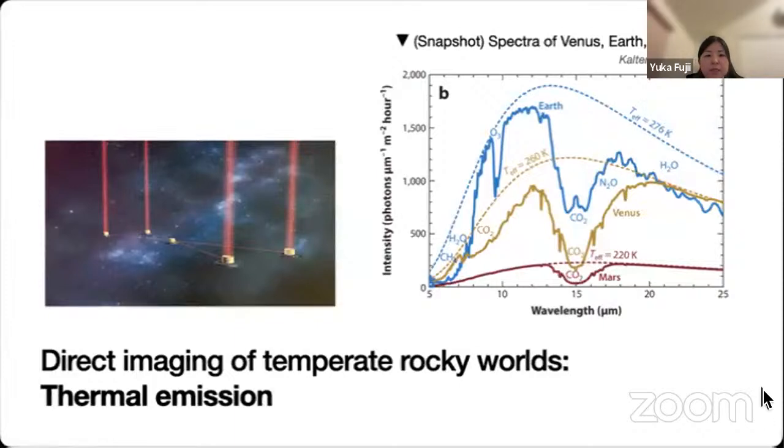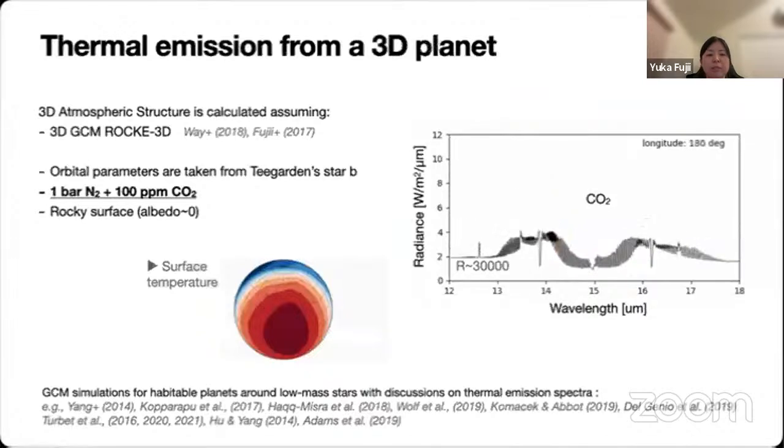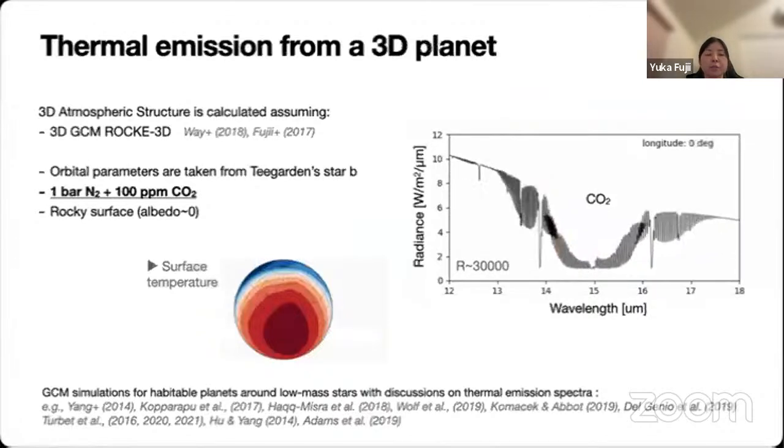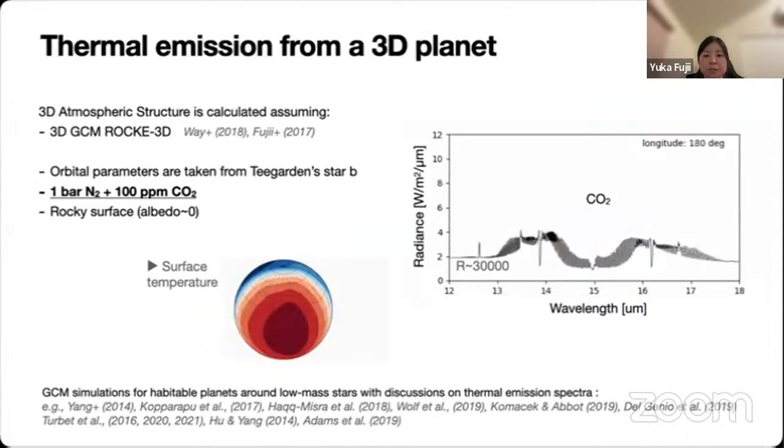To see this, we look at the thermal emission spectra based on the three-dimensional atmospheric structure calculated with a 3D GCM, ROCKE-3D, which has been developed at NASA GISS. For rocky planets, we assume an Earth-like 1 bar atmosphere, but without a surface ocean.